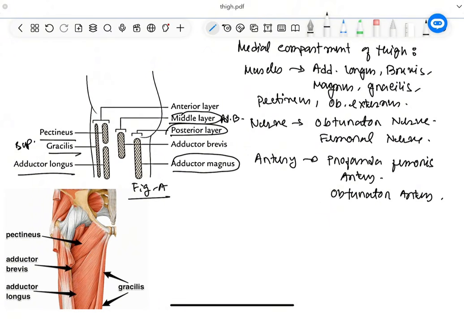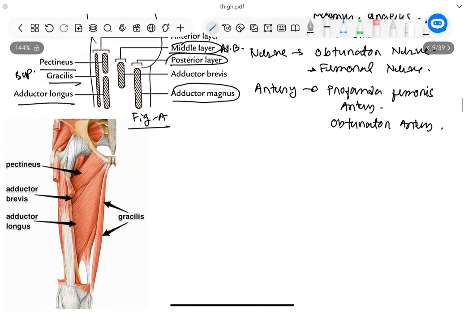So, we can say the muscles are arranged in 3 layers, first, second and third, or we can say anterior, middle and posterior. All the muscles of the adductor compartment of the thigh are supplied by the obturator nerve, I already said, though there are some exceptions which have contribution from the femoral nerve also. Slowly we are going to learn about that. Now, let us start one by one the muscles.